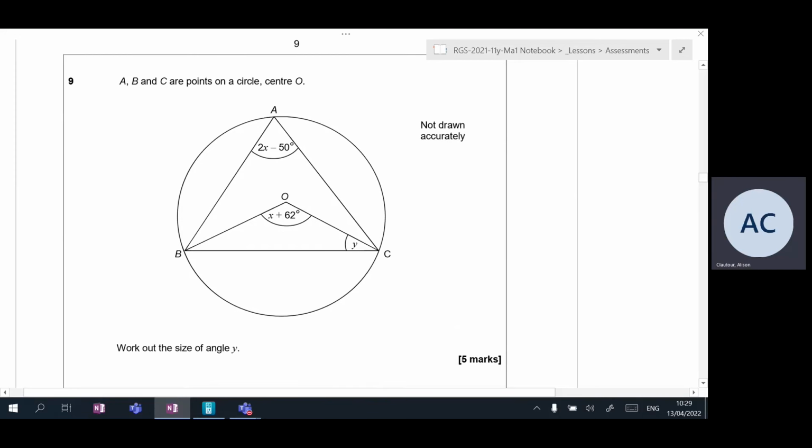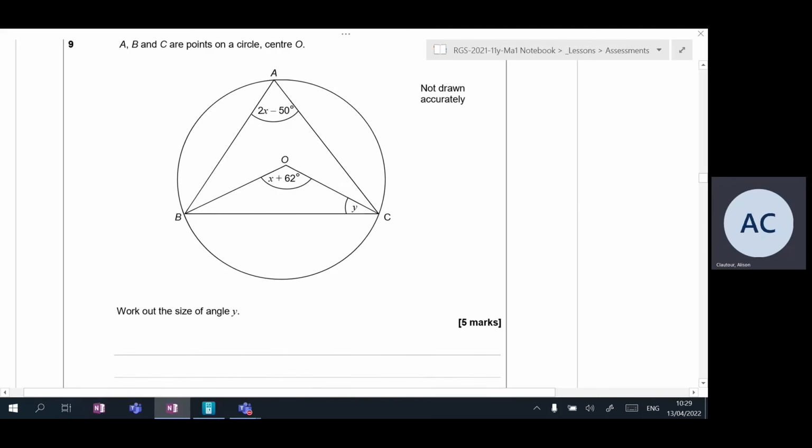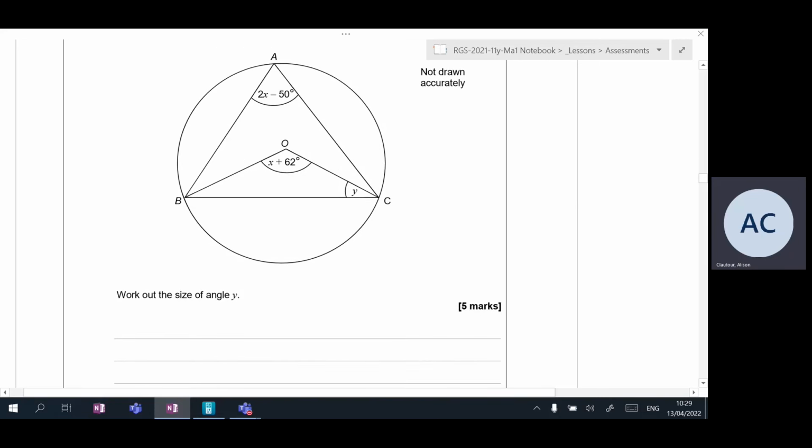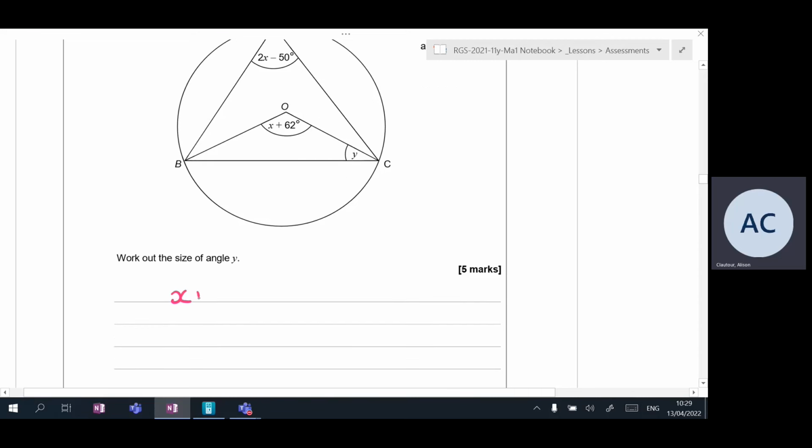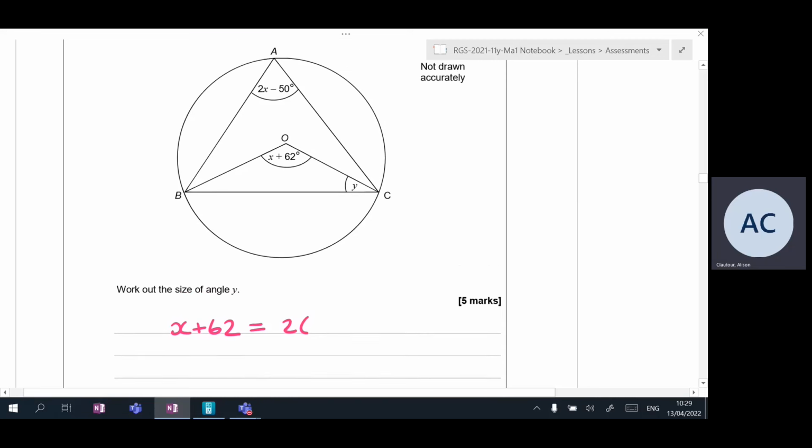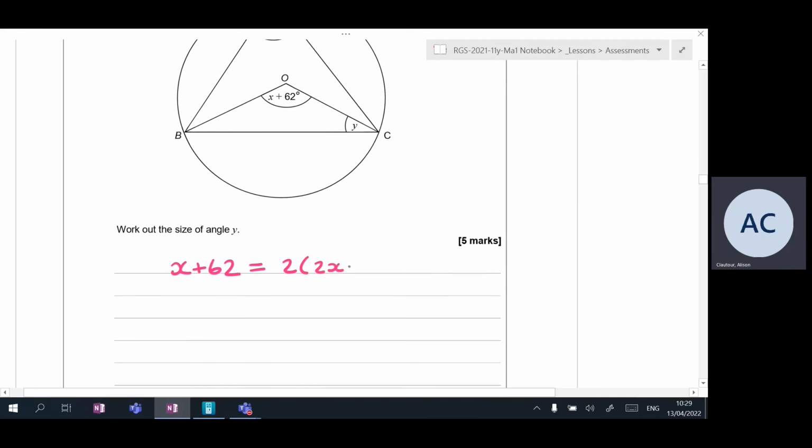Question 9. With questions on circle theorems, they're quite often algebraic in further maths. So just think about what links together, what circle theorems you've got in there, what you can link together. So straight away, I can see I've got the angle at the centre and I've got the angle at the circumference. So I know that the x plus 62 is going to be double the angle at the circumference, so 2x minus 50.